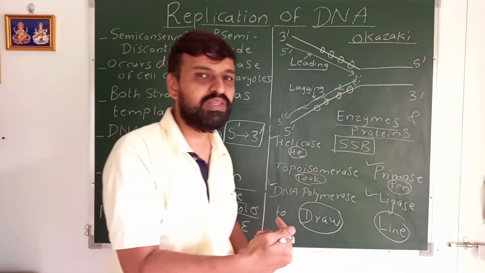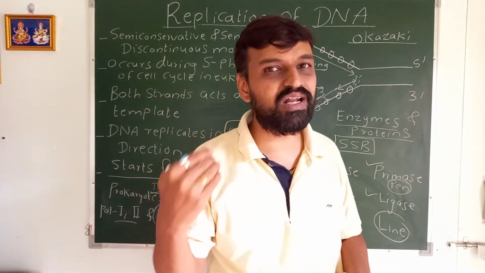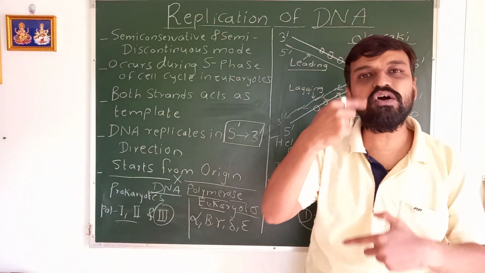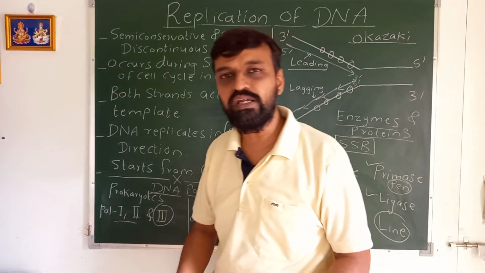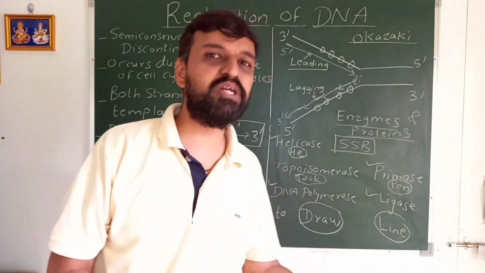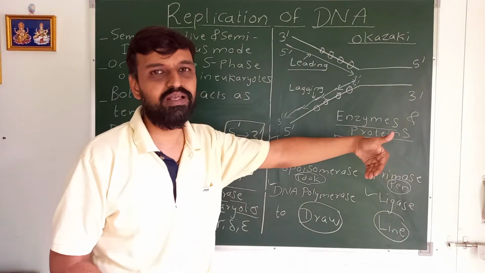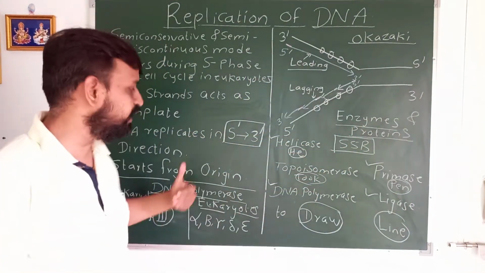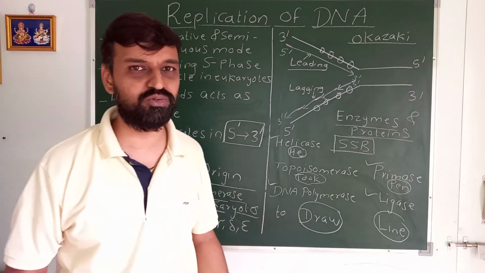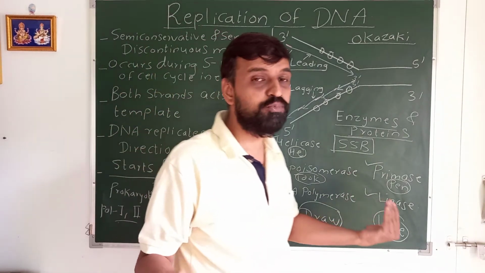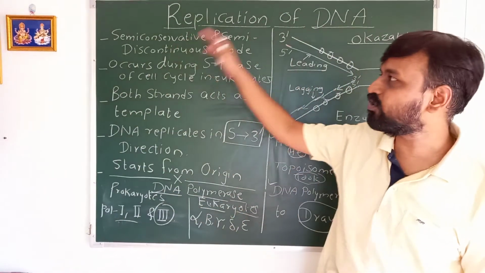Proofreading means that the enzyme can recognize if there is a wrong base pair addition, and it can rectify that mistake. That is known as proofreading activity, and that is performed by DNA polymerase 3 in prokaryotes. So guys, I hope you must have understood the total topic.